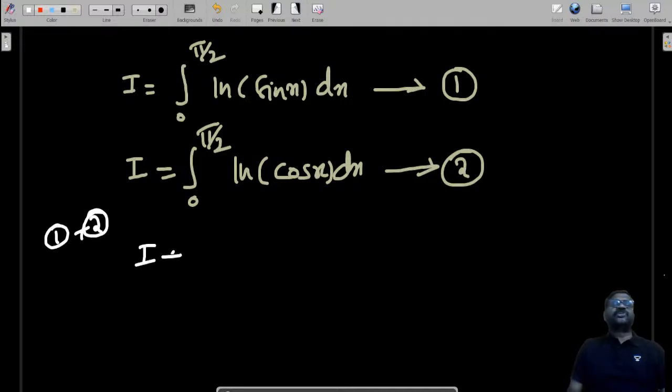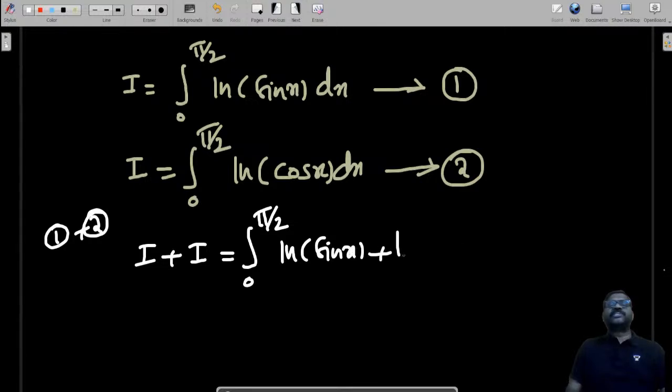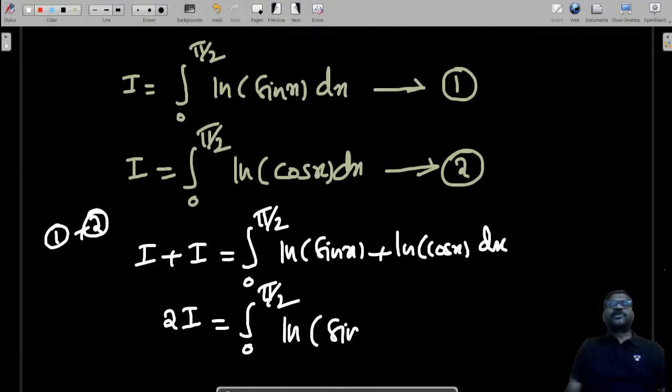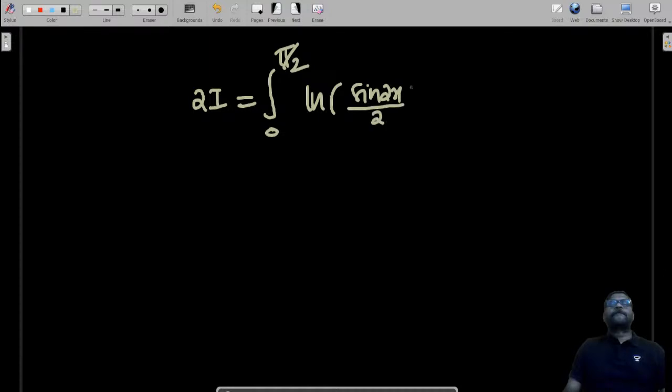Equation 1 plus equation 2: 2I is integral of log sin x plus log cos x dx, which is log sin x cos x, that is log sin 2x by 2.